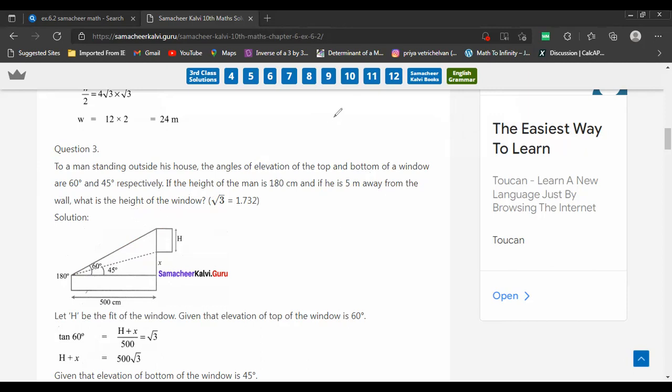What is the height of the window? From the ground to the bottom of the window is considered as X. You can consider this as the height of the window.